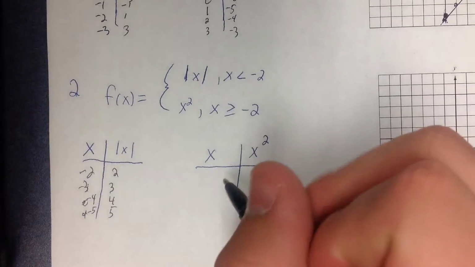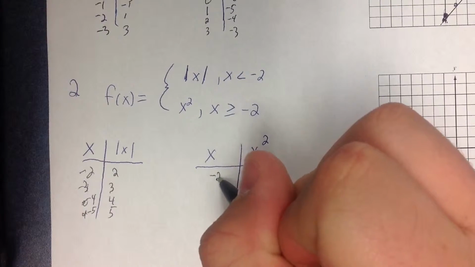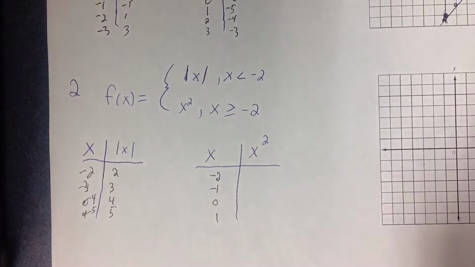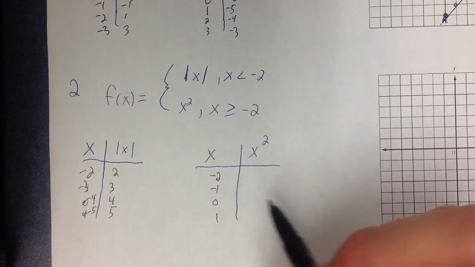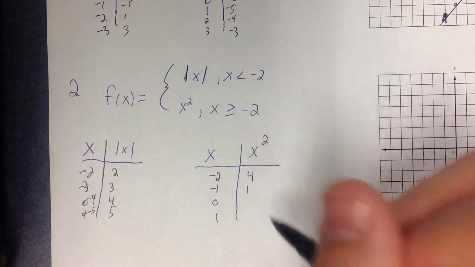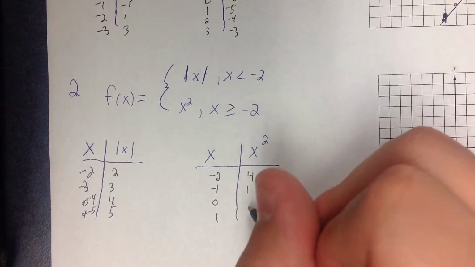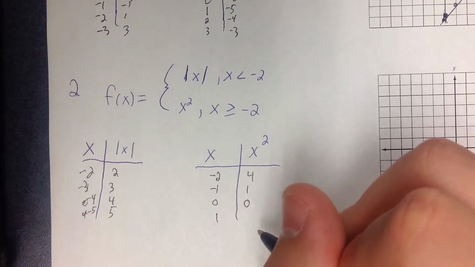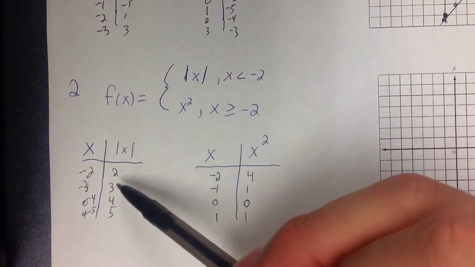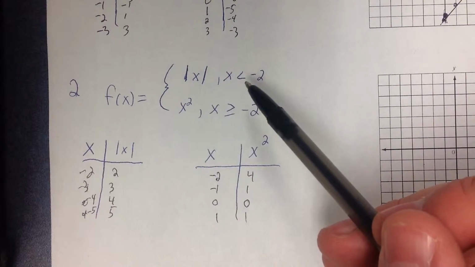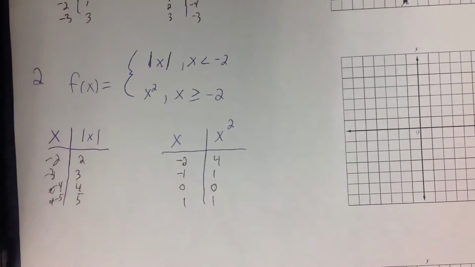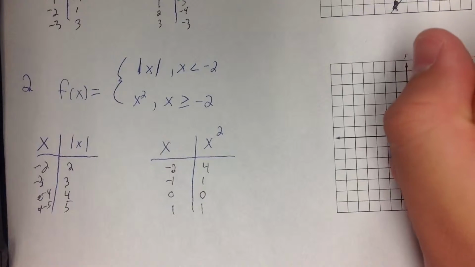Then on the other one, I'm going to start at negative 2, and I'm going to go greater than, so negative 1, 0, 1, and I'm squaring. So negative 2 squared is positive 4, negative 1 squared is positive 1, 0 squared is 0, and 1 squared is 1. So let's graph these points first, and again, since it was just the less than, this first dot here at negative 2, 2 is going to be an open circle.